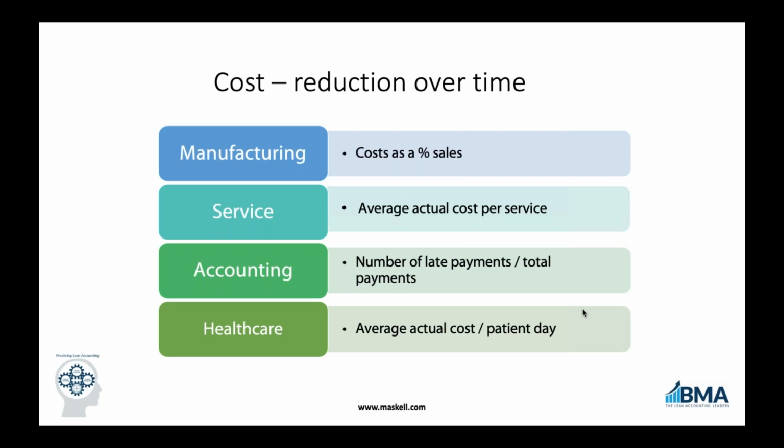Other than your raw input materials or any of the raw materials you're using in service industries, including healthcare, those are the only truly variable elements, and you're making the best use of your people resource and able to grow the business relative to your costs. So cost as a percentage of sales, average actual cost per service.